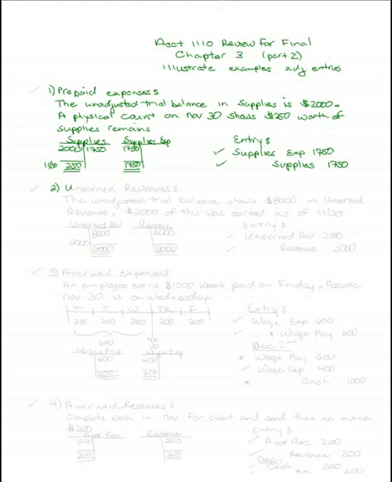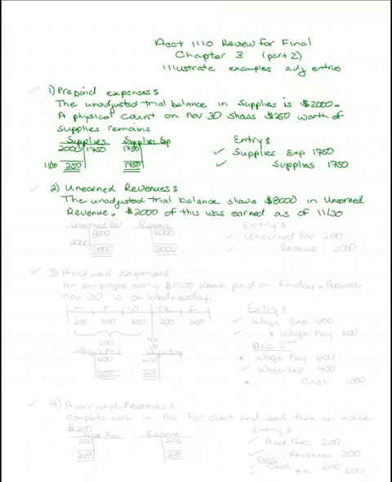Our second type of adjusting entry was unearned revenues. And remember, unearned revenues are monies that we've received in advance of performing services. Let me put this on pause and then write down some facts for you to solve a problem with. Let's say that our unadjusted trial balance shows $8,000 in the account unearned revenue.